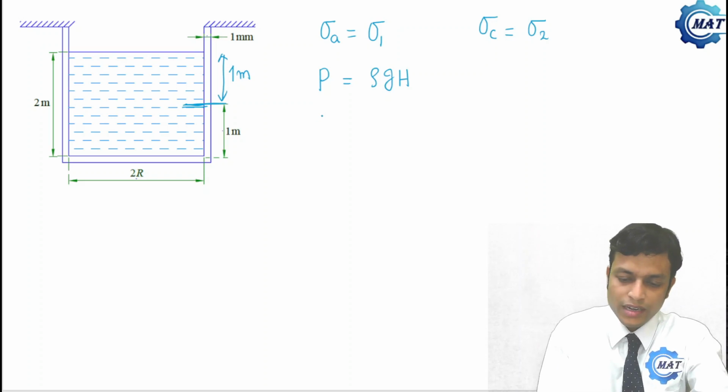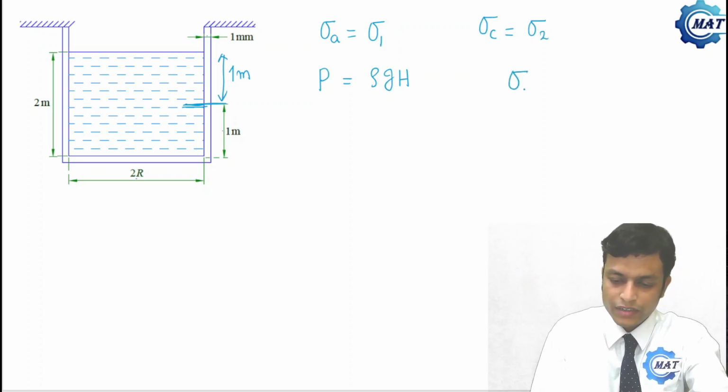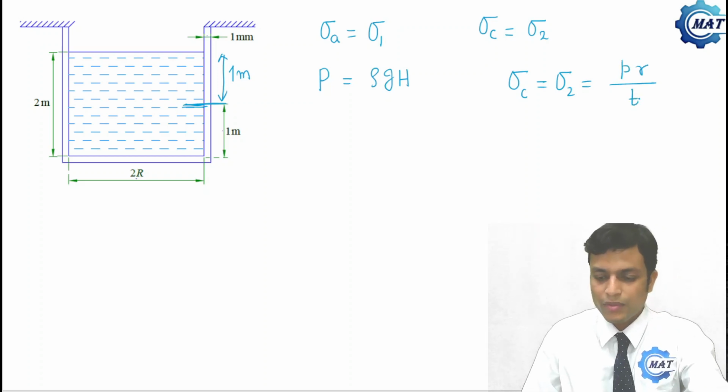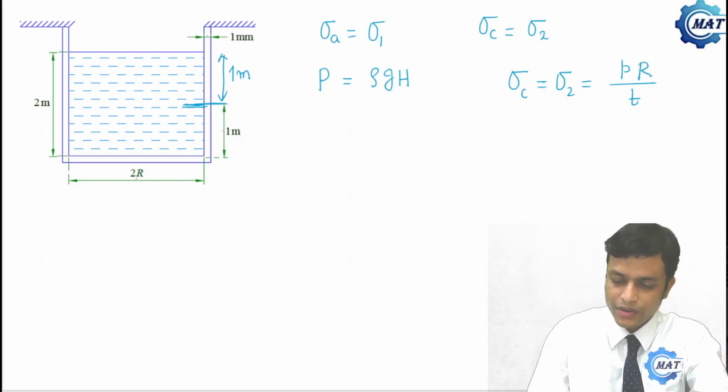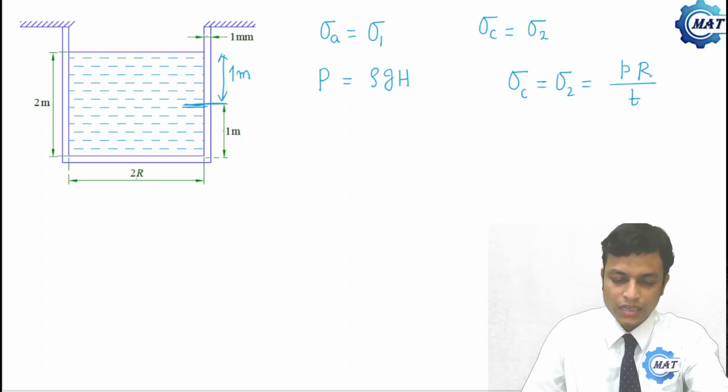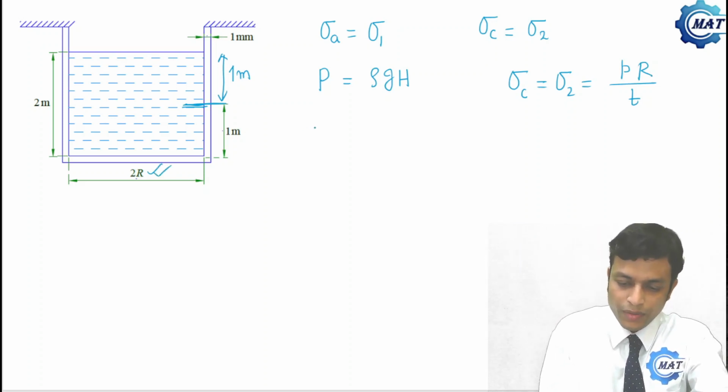Now what will be circumferential stress? Circumferential stress sigma C equal to sigma 2 is always PR by T. Here it is denoted by capital R, so you can write capital R also. R is the radius of the cylinder. So what will be sigma C? Sigma C is sigma 2.